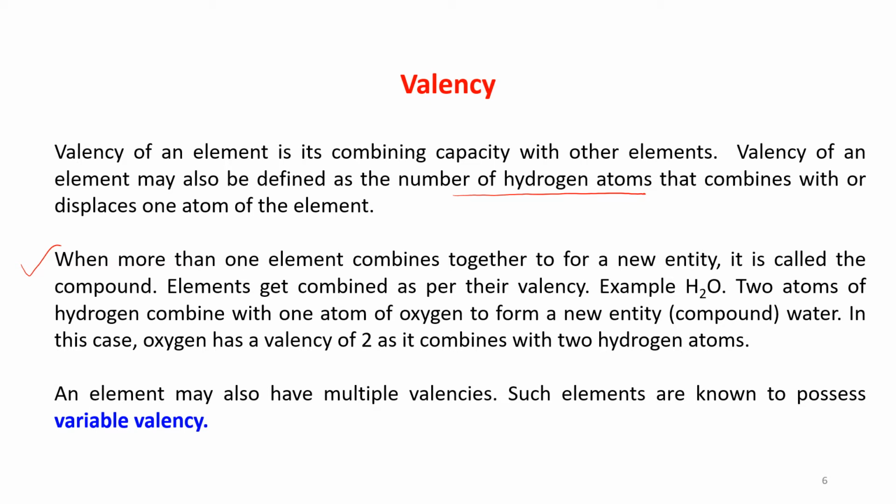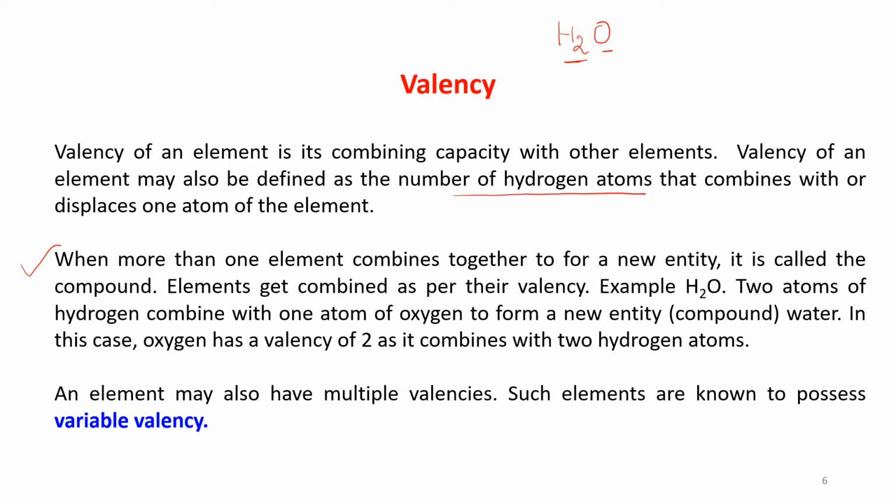Just think about H2O. The formula of water is H2O. Now from here you can understand that one atom of oxygen, when combined with two atoms of hydrogen, forms one molecule of water.